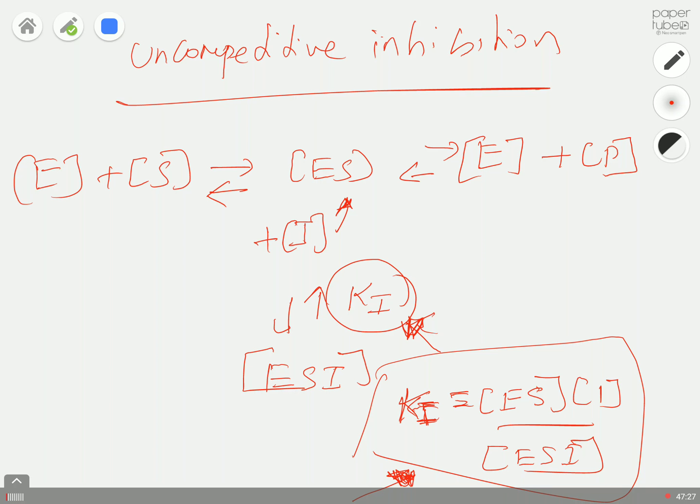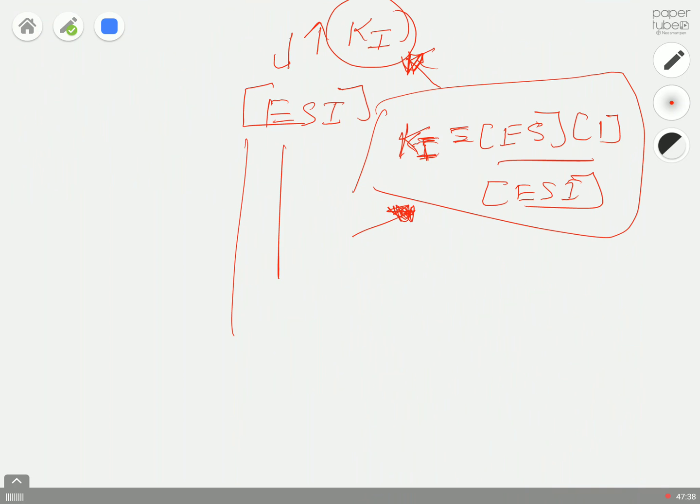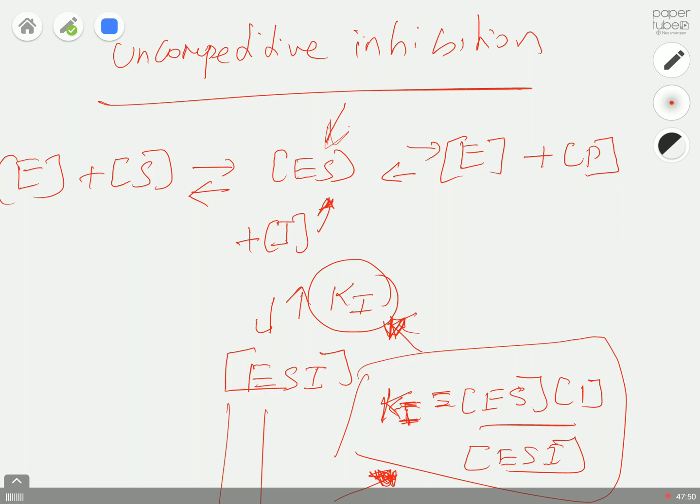I hope you are all following this one. It's a bit tough, but once you solve the problem, you will realize that this is not that difficult. People have already derived an expression that relates your initial velocity with your substrate concentration for this type of inhibition, where the inhibitor binds to the enzyme substrate complex to decrease the enzymatic activity.